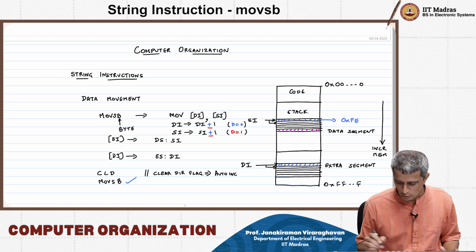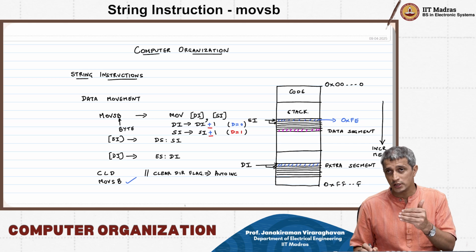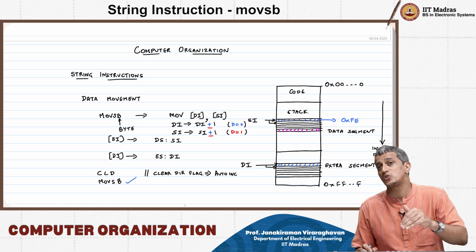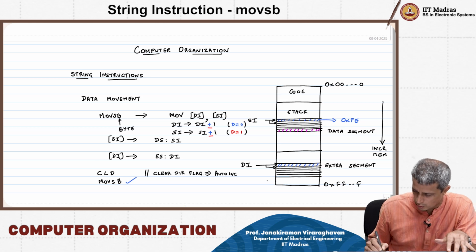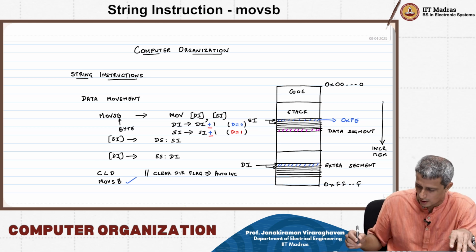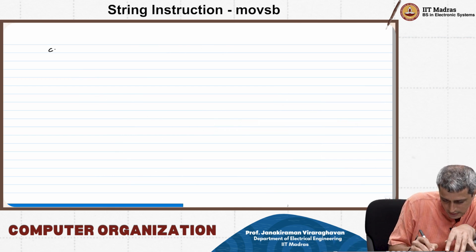So now the idea is that we not only do this, but we also use another register. I'll tell you what that register is. We are going to use the CX register, which will store a count. ECX register.